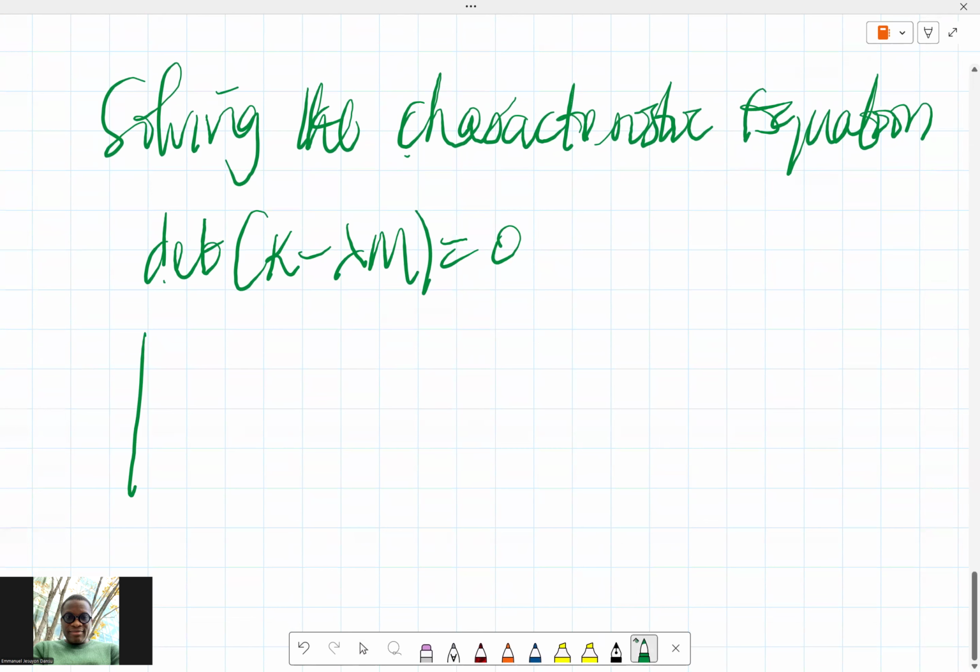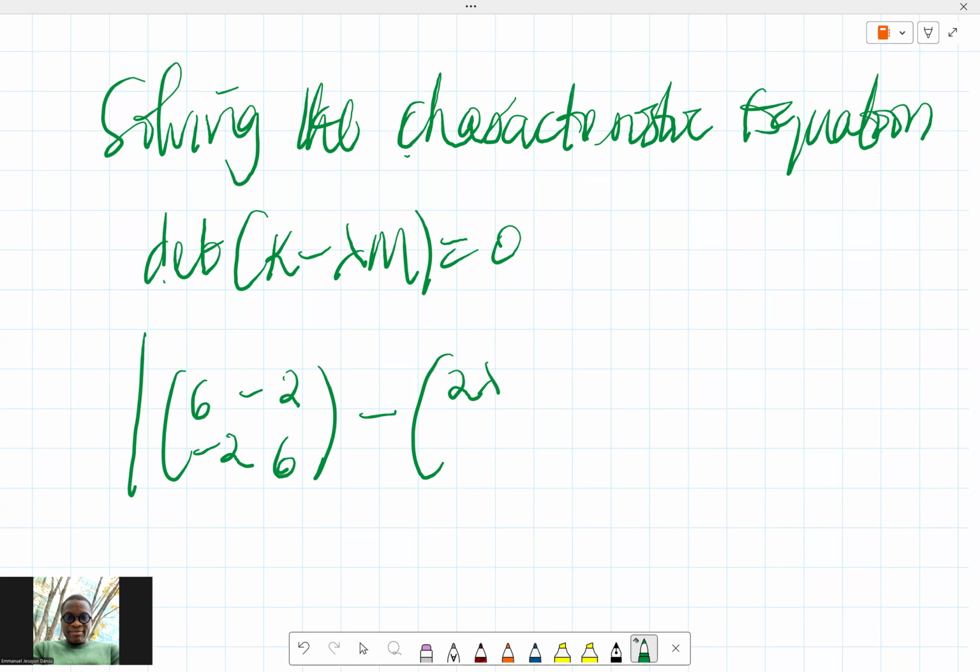That means the determinant of K, which is 6, -2, -2, 6, minus lambda times 2, 0, 0, 2.